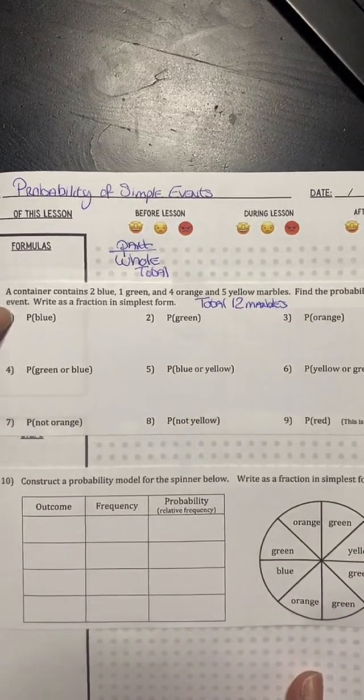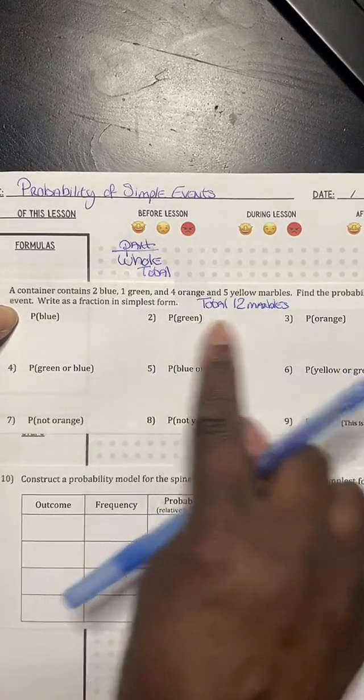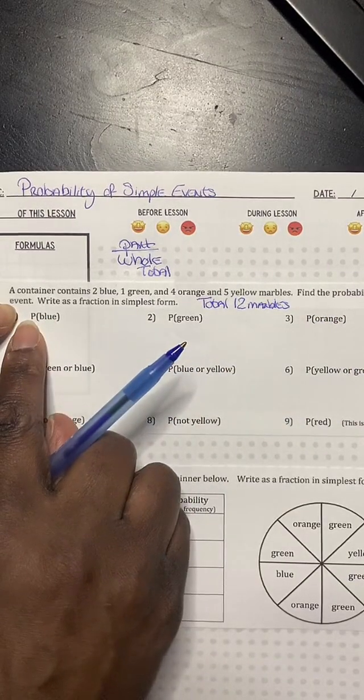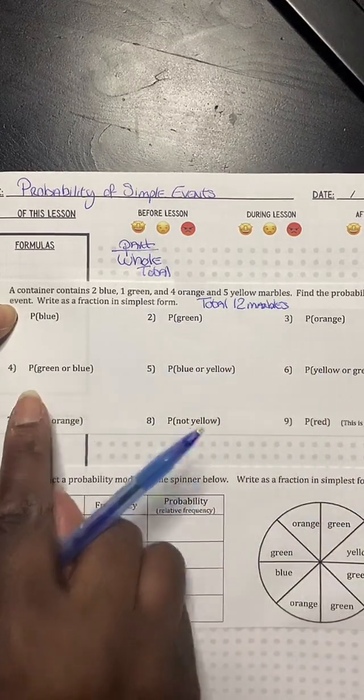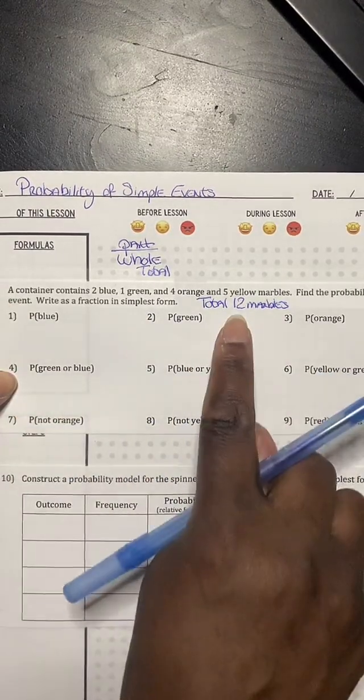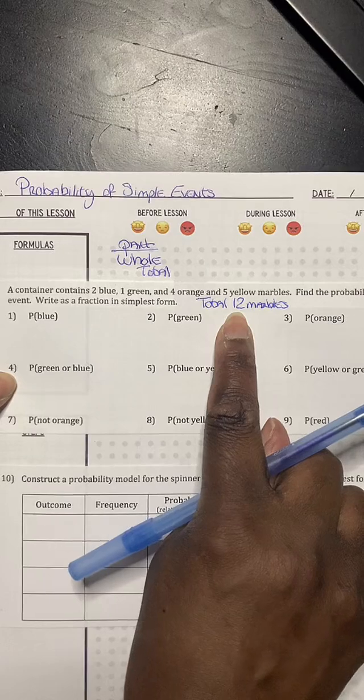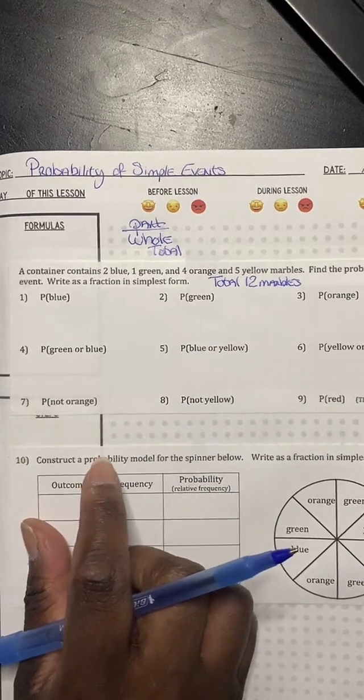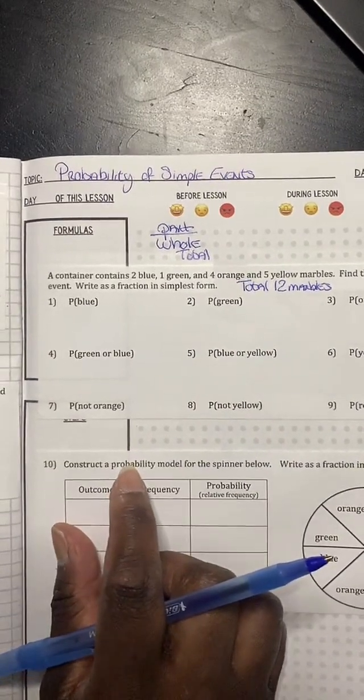Okay, so we're basically looking at the situations. The P means probability. We're looking at the different situations in which it's going to be out of the 12. So if we take a look here, we got our blue.